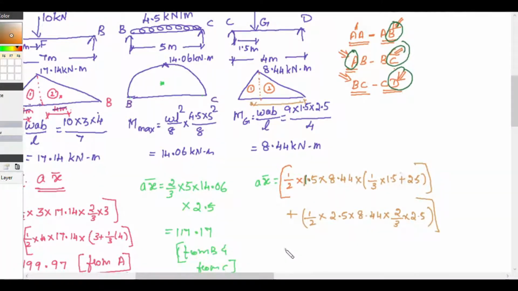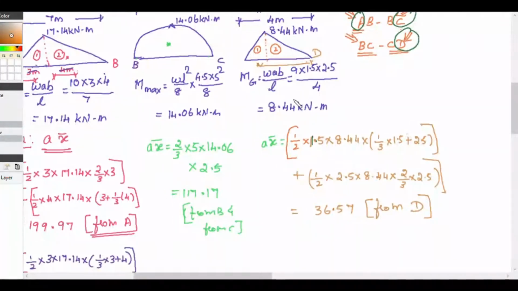So what we get is 36.57, and this is calculated from D. See, for this span, there is no need of calculating from C.